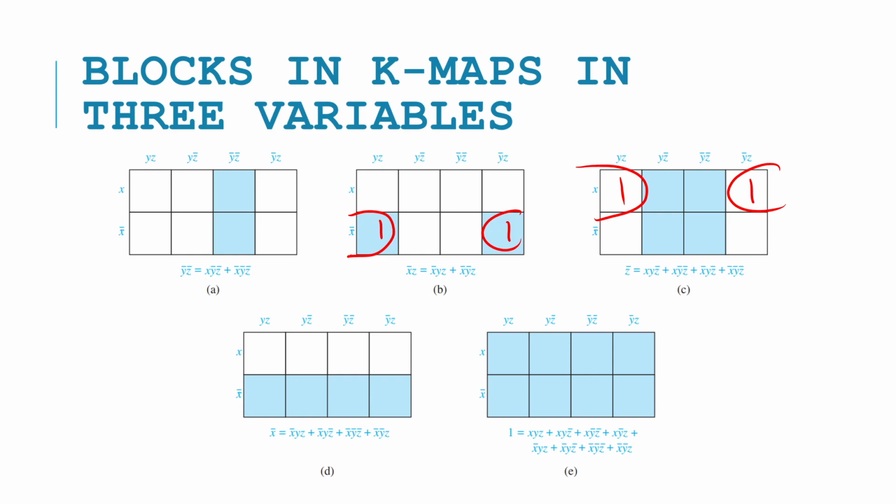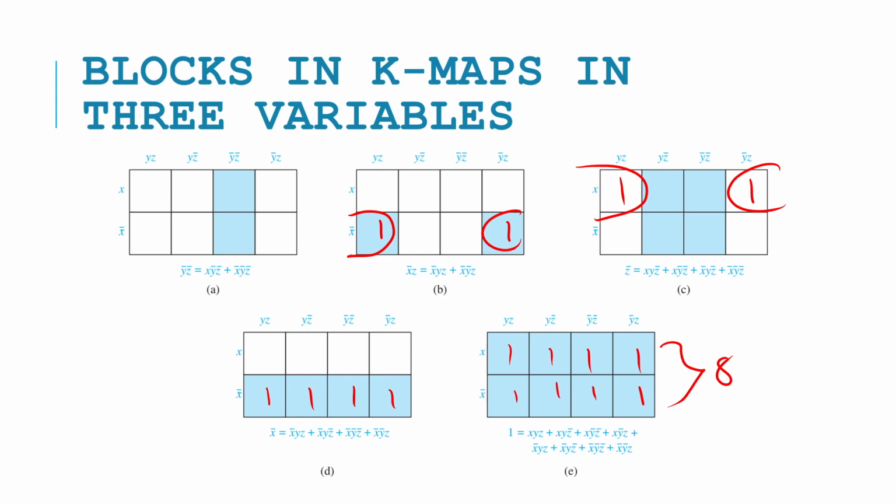Here we have 4 adjacent ones, and what if all of the cells have 1? Then that's just one big block, because this is still 8. Again, we could only group ones with 2 raised to n, and 2 raised to 3 is equal to 8. Therefore, we could have a block with 8 ones. This is possible.